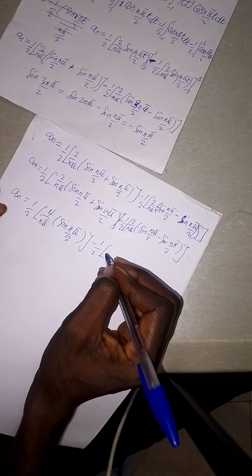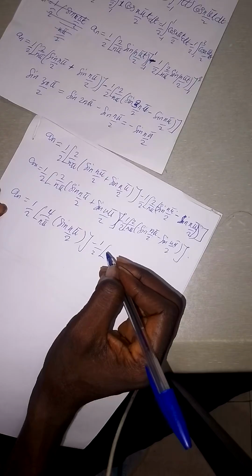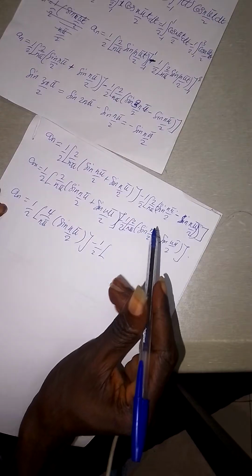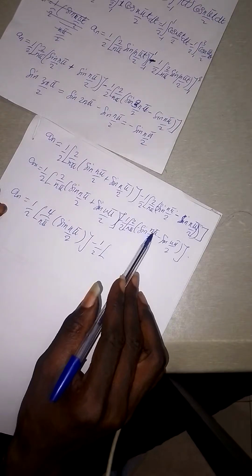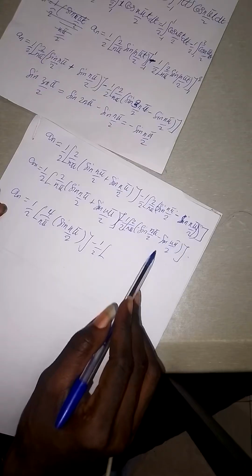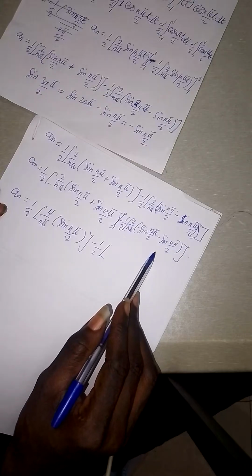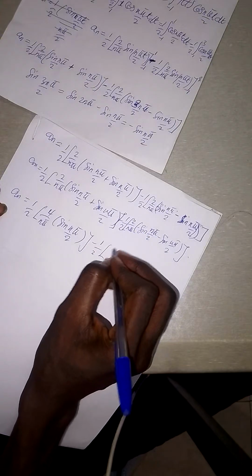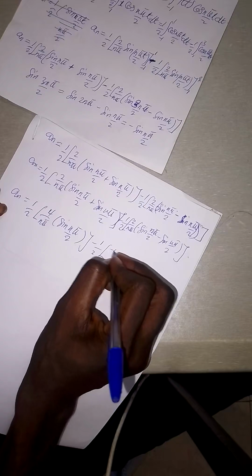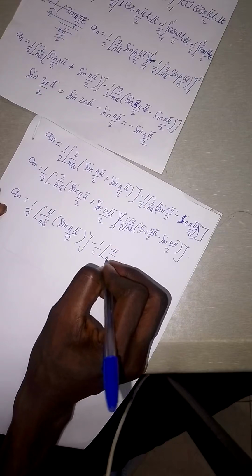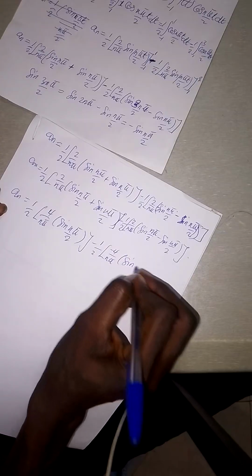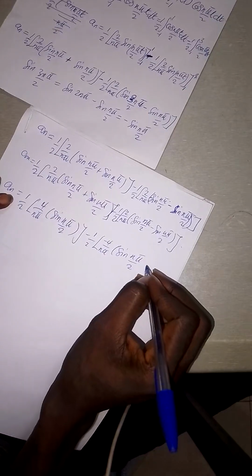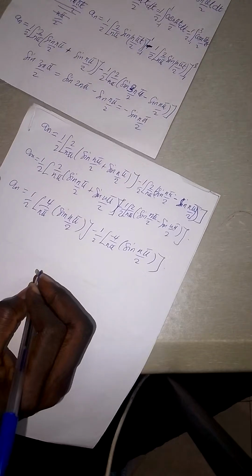Here also you're going to have minus sine n pi over 2 minus sine n pi over 2. So if you bring minus 2, then basically here you're going to have minus 4 over n pi into sine n pi over 2.